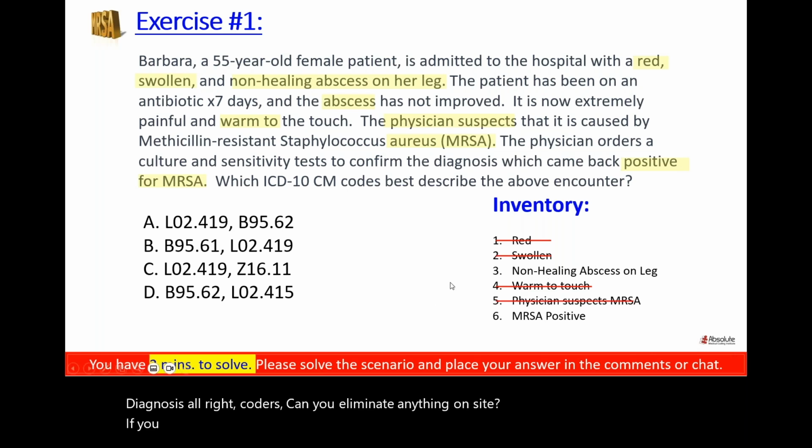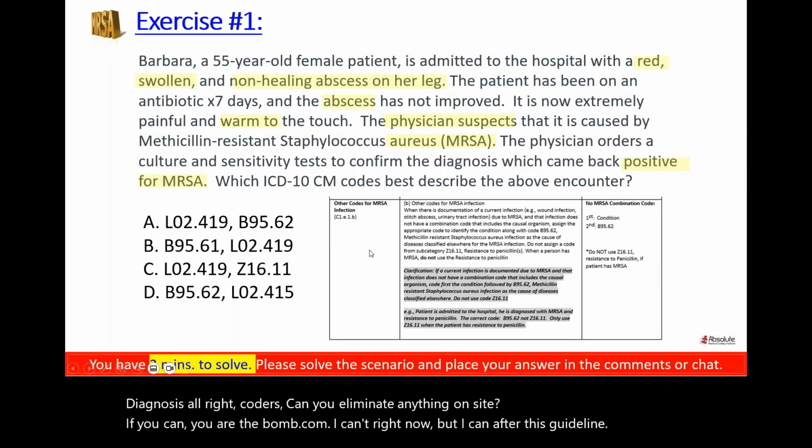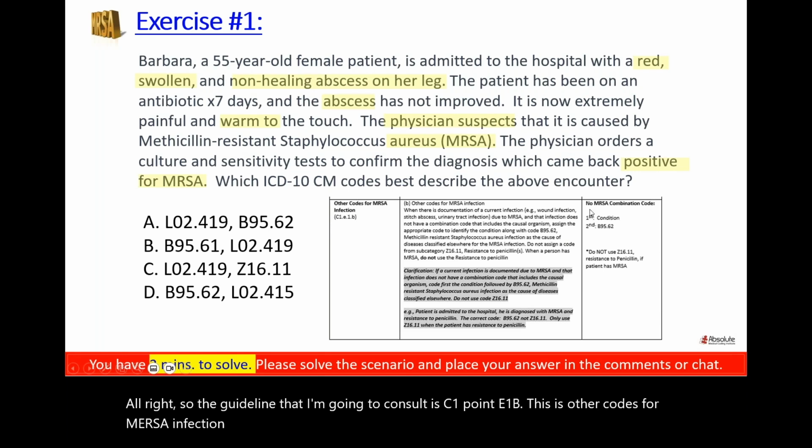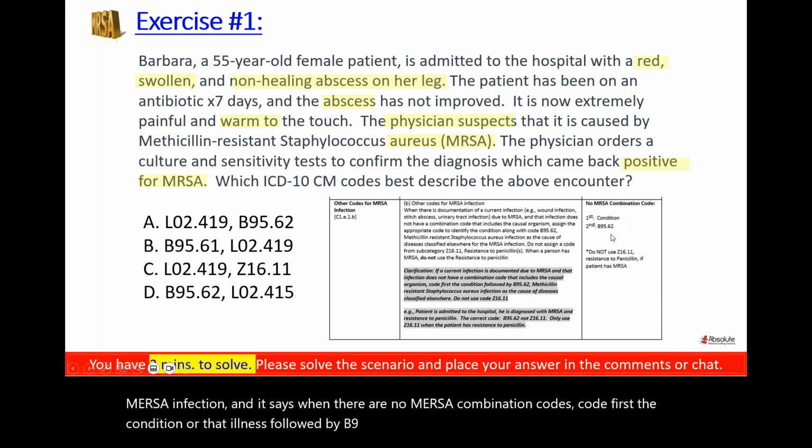All right, coders, can you eliminate anything on site? If you can, you are the bomb.com. I can't right now, but I can after this guideline. All right, so the guideline that I'm going to consult is C1E1B. This is other codes for MRSA infection, and it says when there are no MRSA combination codes, code first the condition or that illness, followed by B95.62.